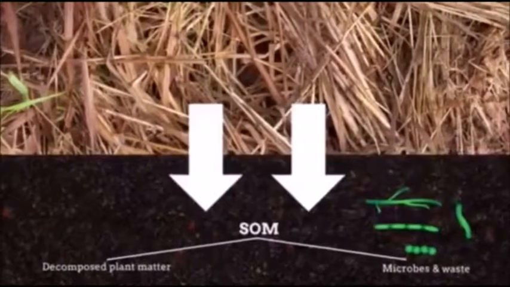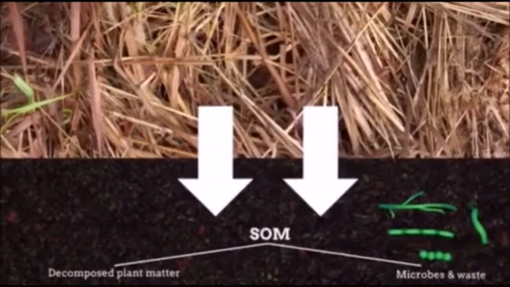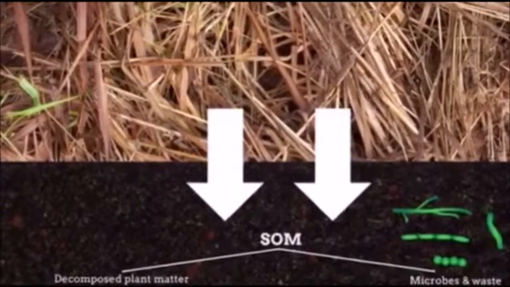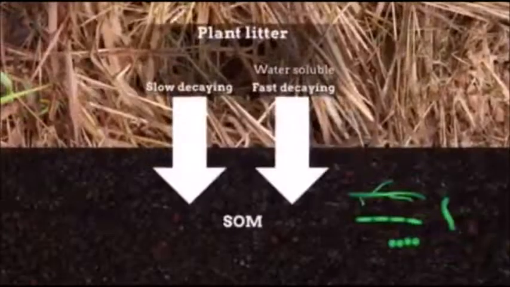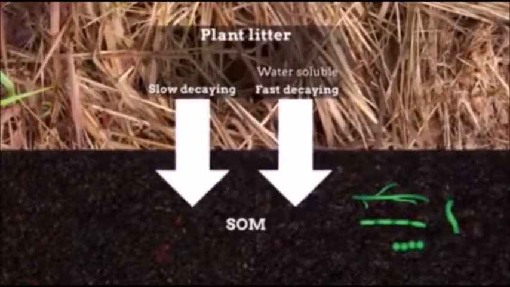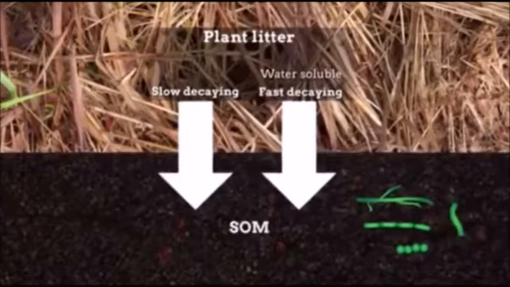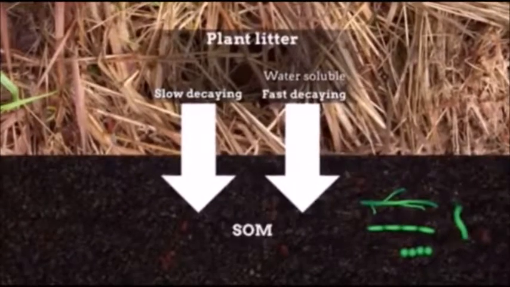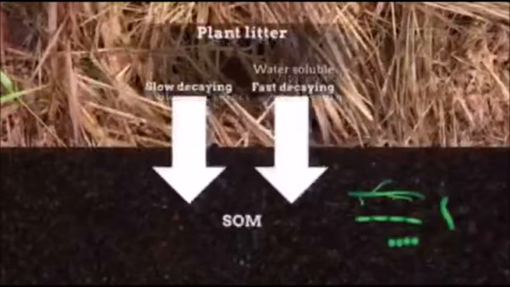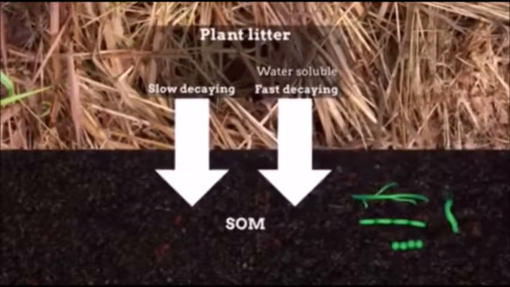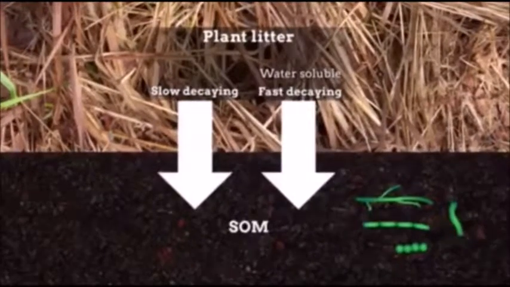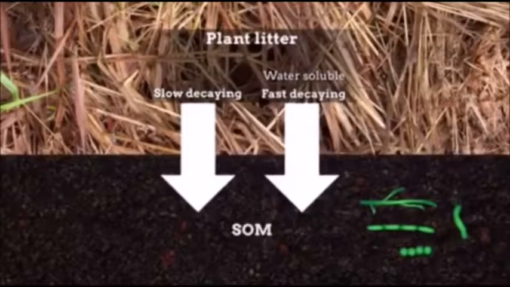SOM primarily consists of decomposed plant matter, the microbes involved in its decomposition, and their waste. Plant litter consists of the slow decomposing fraction, which includes many of the structural components of the plant such as lignin, and the fast decaying water-soluble fraction, which includes many of the non-structural components such as sugars and amino acids.